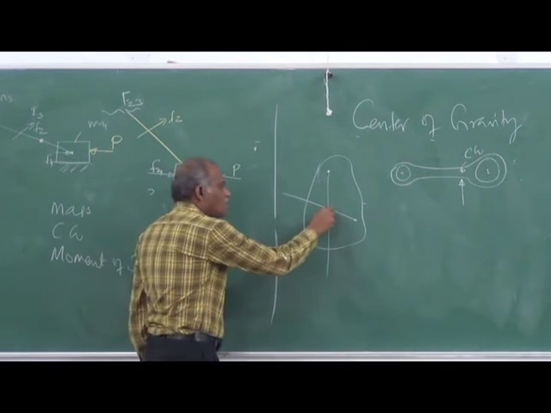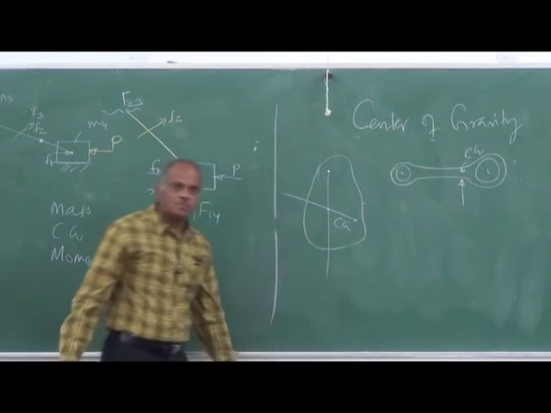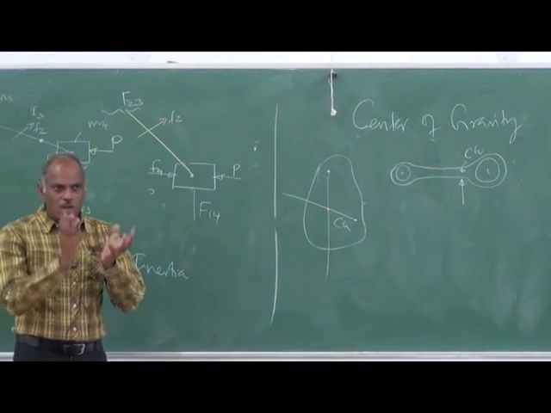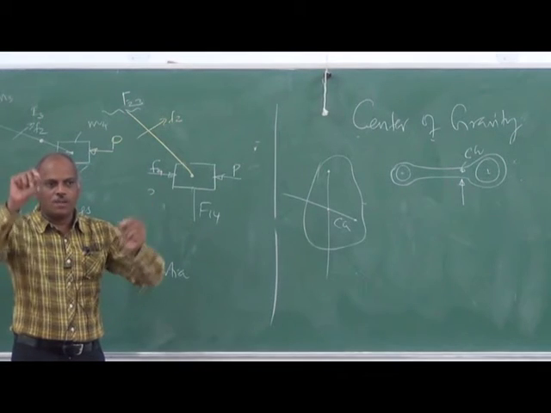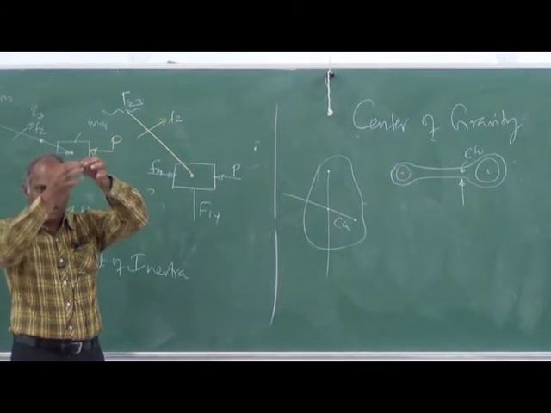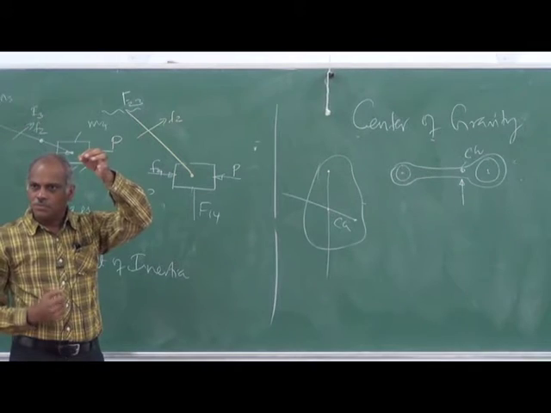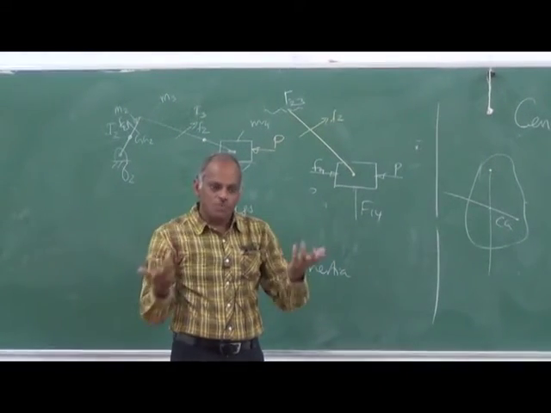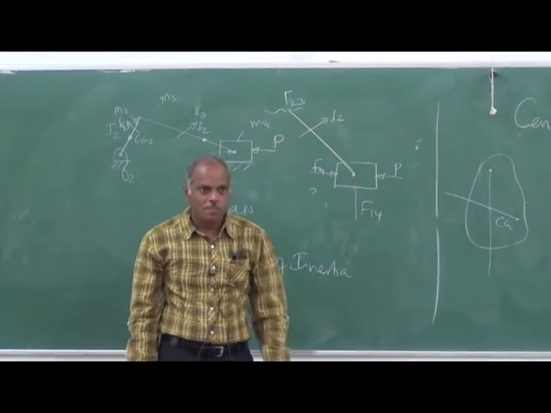The intersection of these two will be the CG. If your object enables you to suspend it at two different points, you can use a plumb line for drawing the vertical line. So the intersection of these two will be your center of gravity.